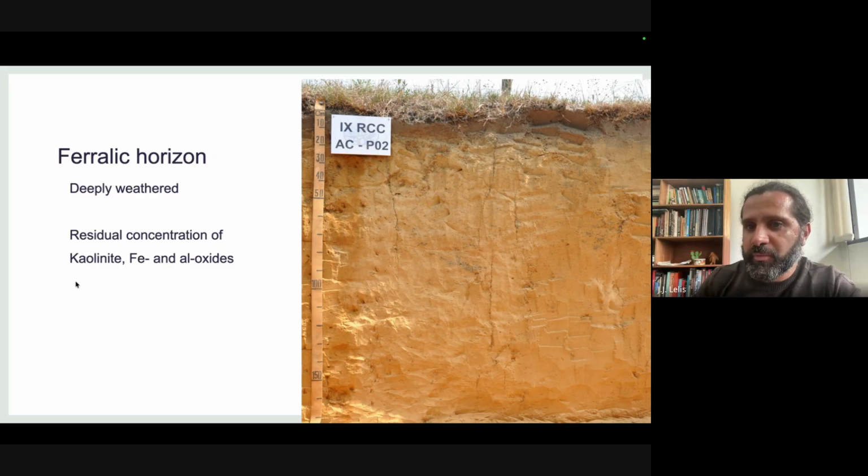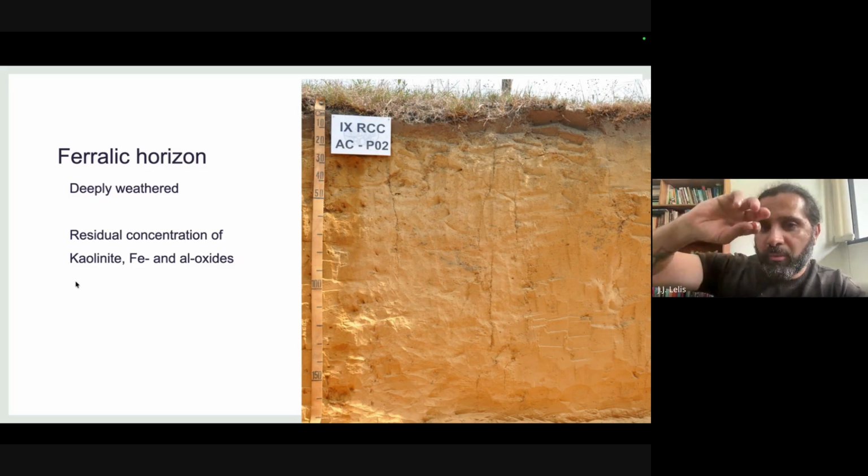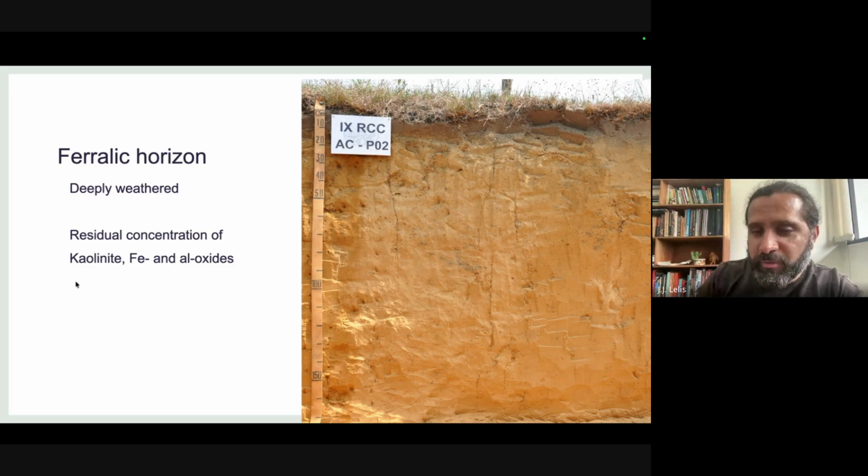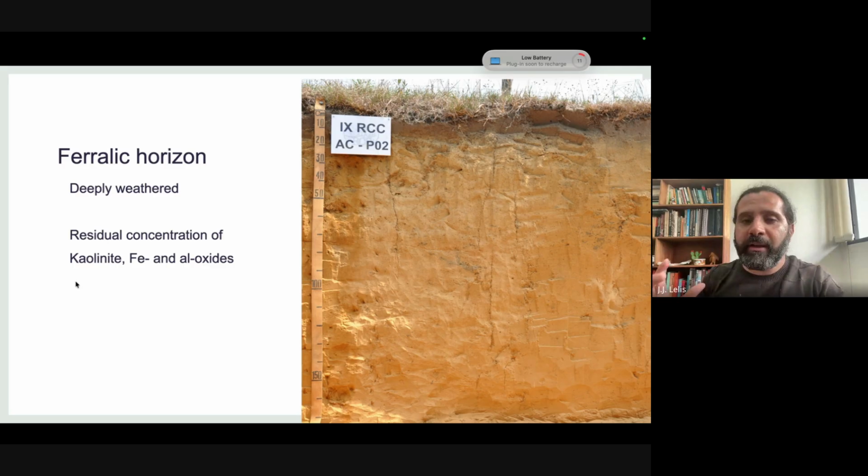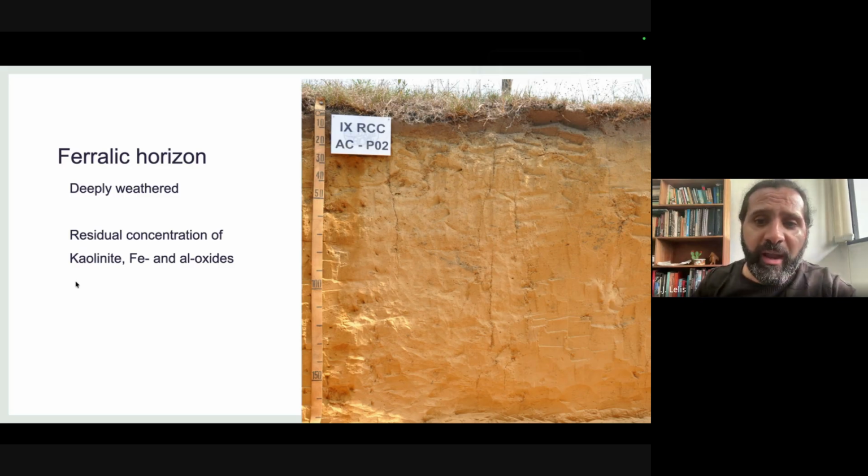The iron was reduced in flooding conditions, and because of the water table fluctuation, the iron migrated and concentrated in some zones, and this absolute concentration of iron produces some cemented horizons, or at least some horizons that express darkish and reddish colors. In the case of the ferralic horizon, we have this iron concentration in a relative way.